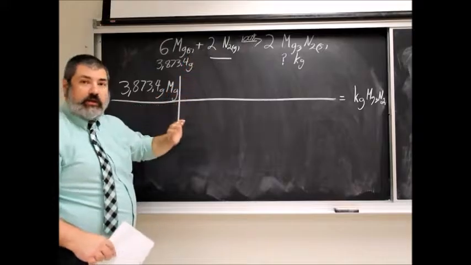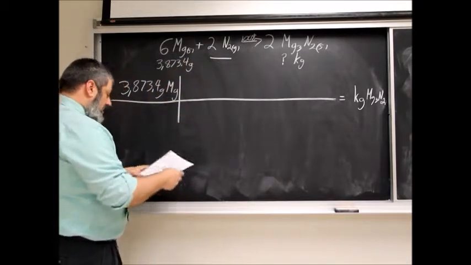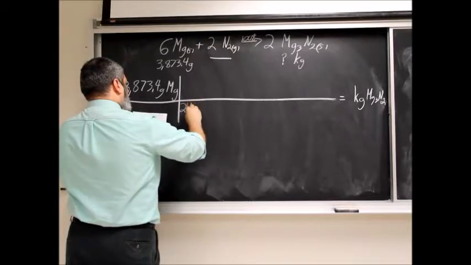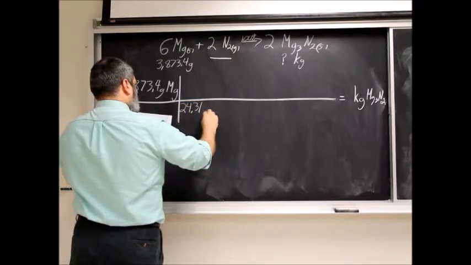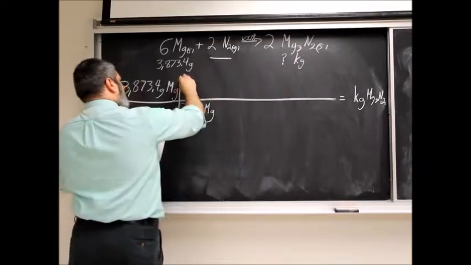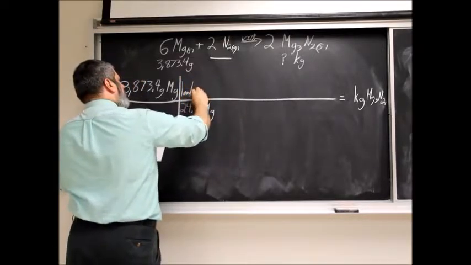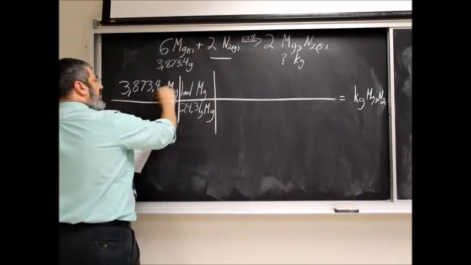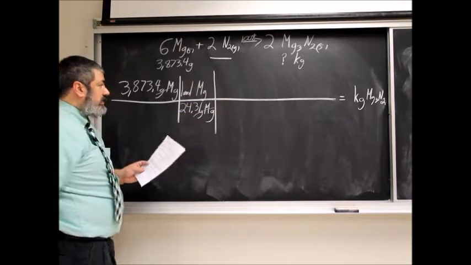So we would have to convert it into moles. And the way to do that is with the molar mass. 24.31 grams of magnesium is equivalent to 1 mole of magnesium. Grams of magnesium cancel.